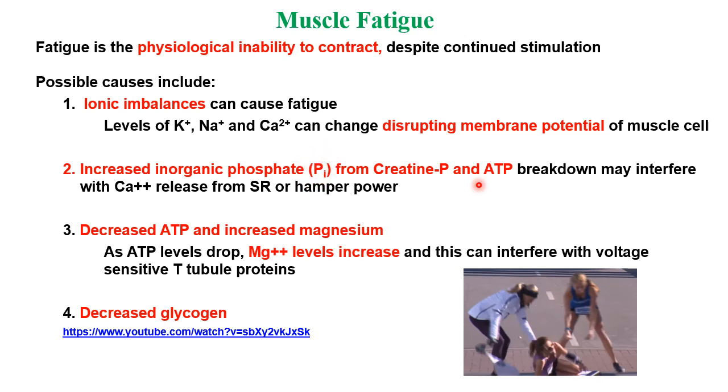And what's going to happen is that your concentration of ATP is going to be depleted. When ATP gets depleted, not only are you going to have a lot of inorganic phosphate, but you're also going to have increased levels of magnesium, because ATP binds to magnesium, but ADP doesn't. So that's another imbalance in this ionic imbalance that can cause muscle fatigue.